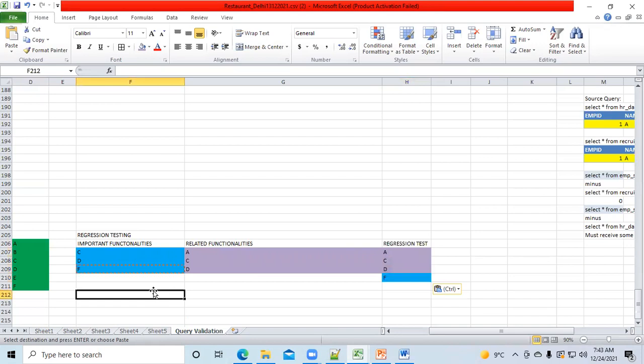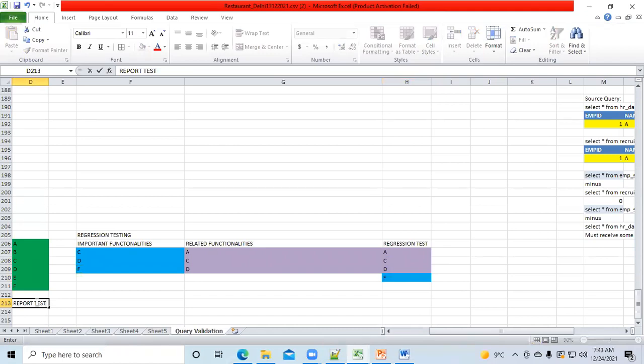Okay, so if you've done the regression test, now you will be sure that everything is perfect. But again, your testing will not stop here. After this, you will do the report testing. Or maybe suppose all these things you have done in a stage, then you might have to do some testing in integration layer.